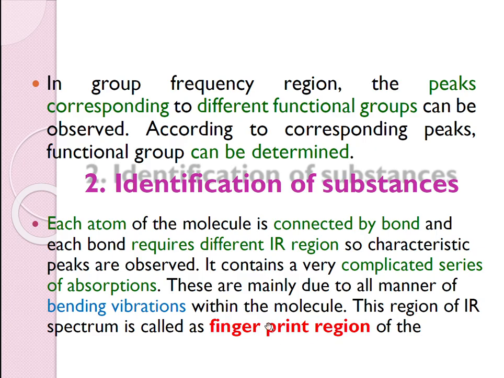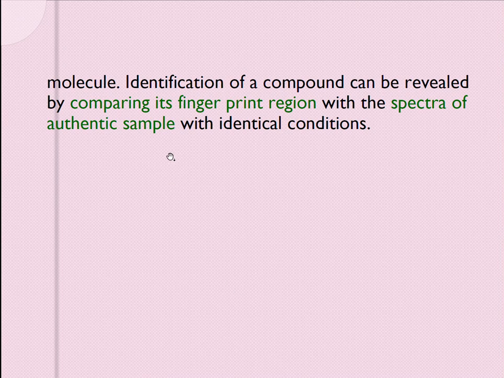It is called the fingerprint region because it contains a very complicated series of absorptions, and a fingerprint is different from person to person. So this fingerprint region would be different from molecule to molecule. Identification of a compound can be revealed by comparing its fingerprint region with the spectra of the organic sample under identical conditions.